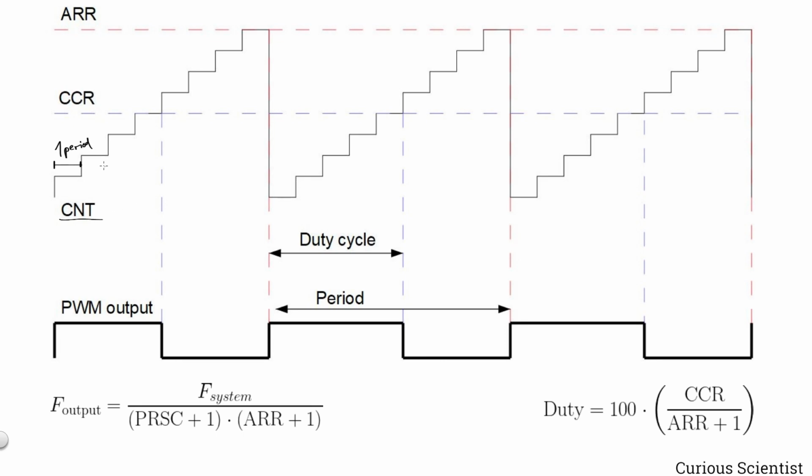And how that is derived is very simple. That is just 1 over 48 megahertz. And that is roughly 20.83 nanoseconds. So every, let's say, 21 nanoseconds, the counter is incremented by 1 if there is nothing else set.